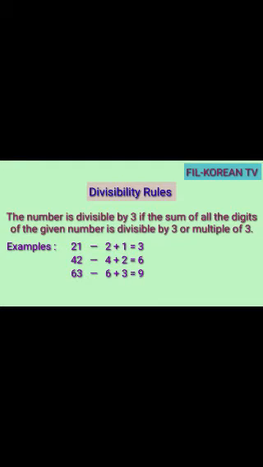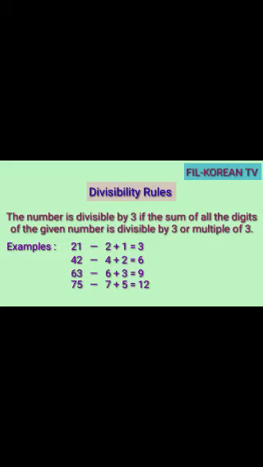Yung 9, multiple ng 3 or divisible by 3. Kaya yung 63 ay divisible by 3. Next example, 75. Ipa-plus din natin ang digits ng 75. 7 plus 5 equals 12. Ang 12, pwedeng ma-divide sa 3, kaya ang 75 ay divisible by 3.